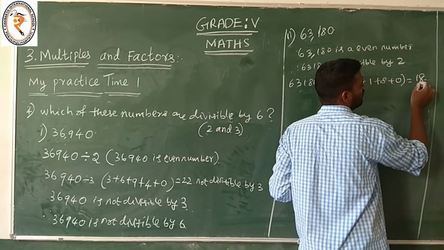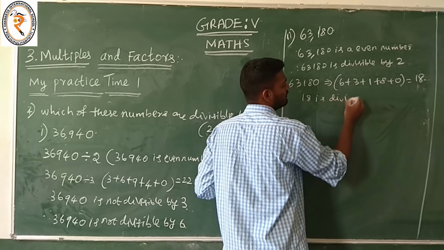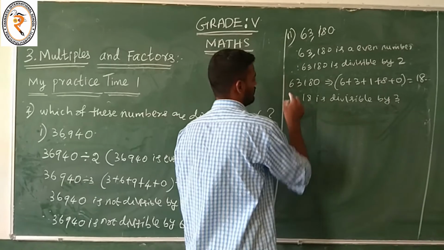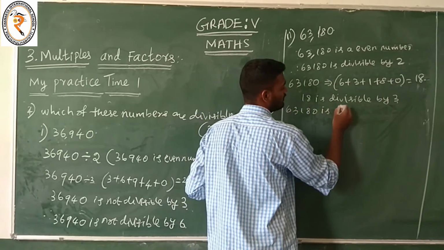Therefore 63,980 is also divisible by 3.